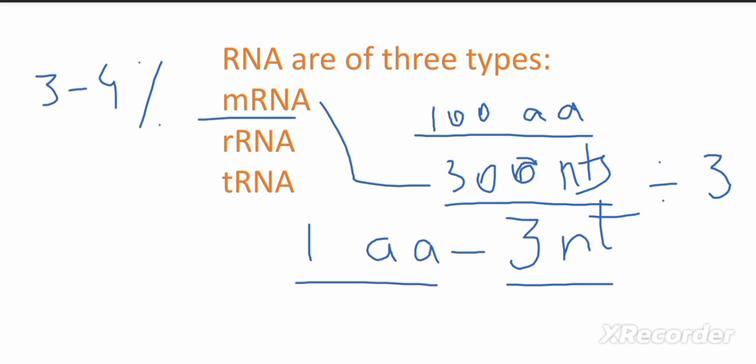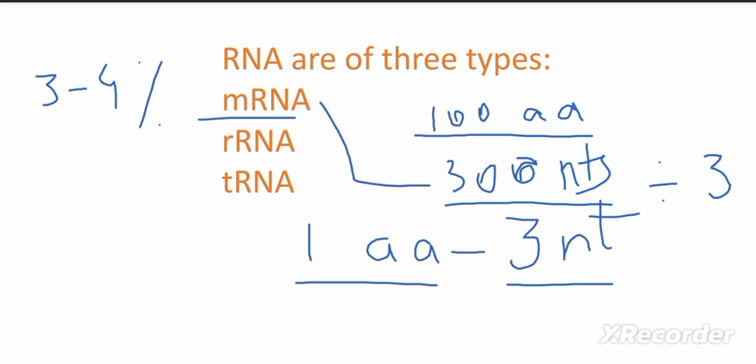Messenger RNA is the one that takes the genetic message from the nucleus and then moves out from the nucleus into the cytoplasm and then to the ribosome to form a particular protein. This is how a protein is formed.